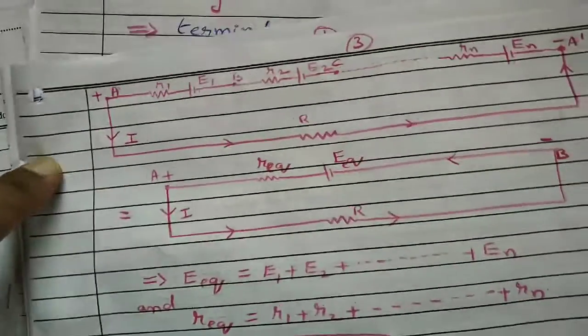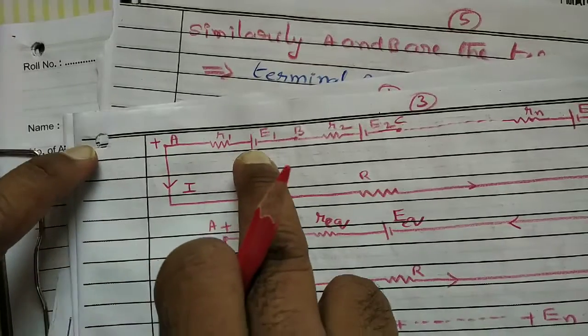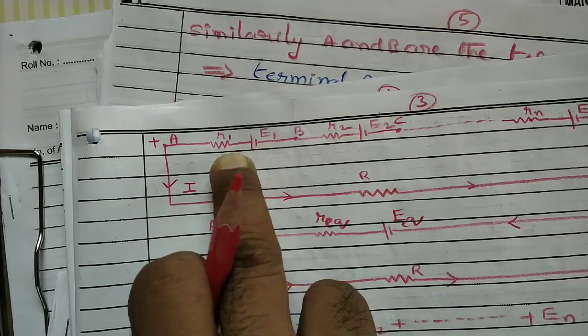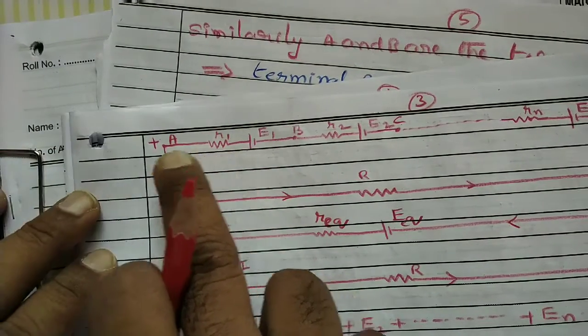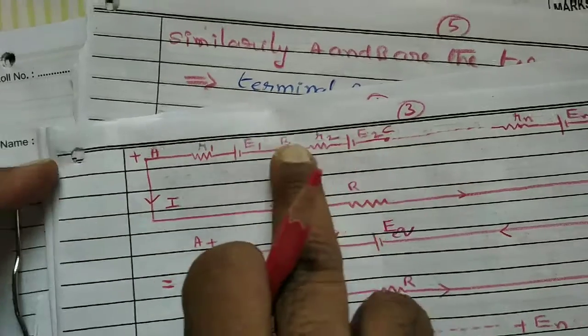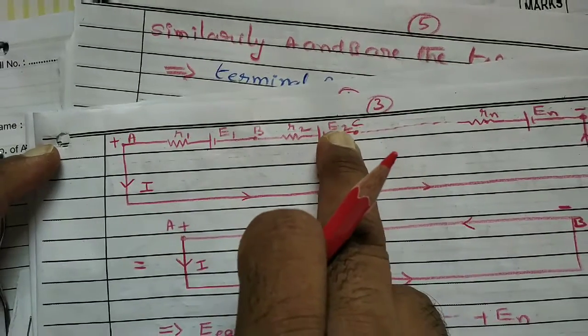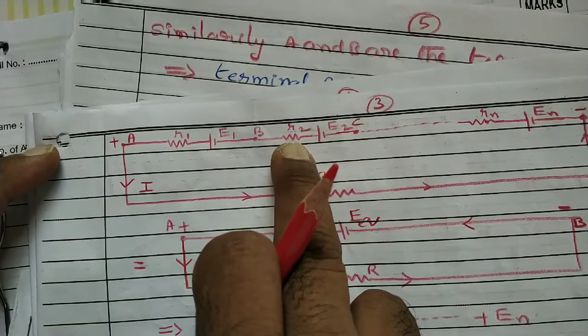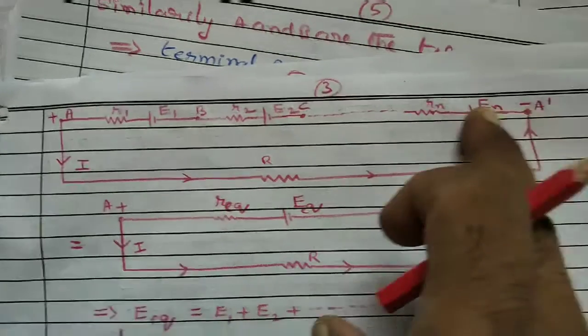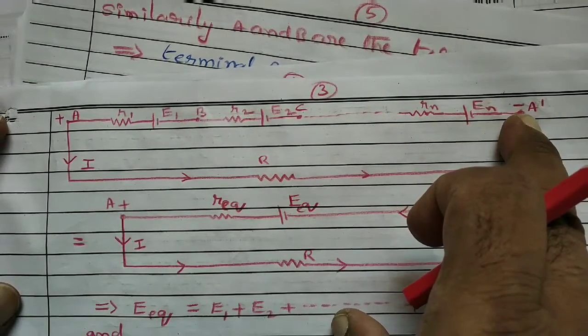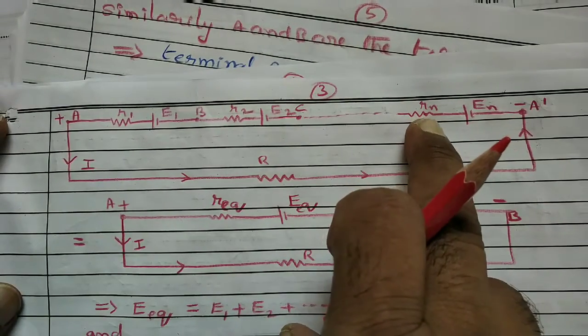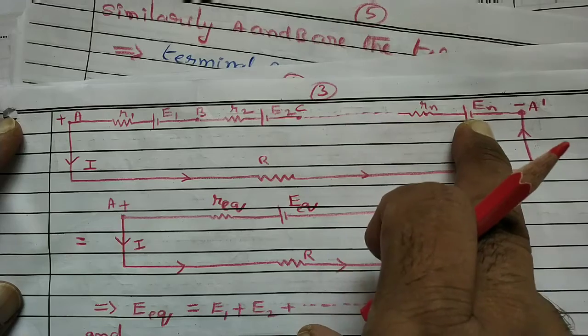Now if there are n cells, one cell whose EMF is E1 and internal resistance R1 is present between A and B. Another cell is present between B and C whose EMF is E2 and internal resistance is R2. Likewise, there are n cells and the nth cell is present till A dash, and its internal resistance is Rn and EMF is En.